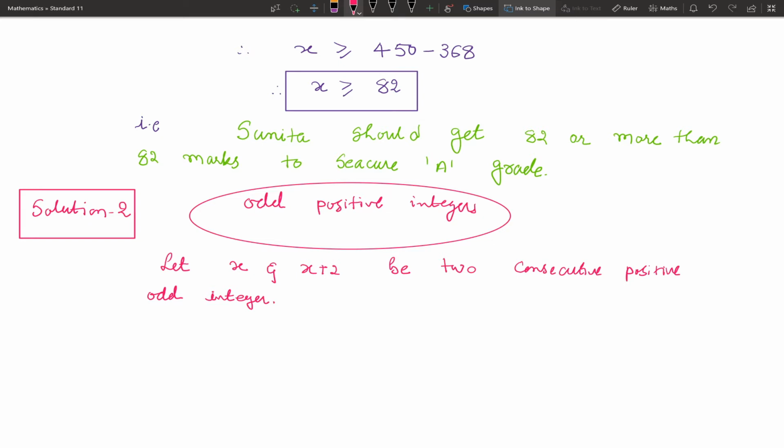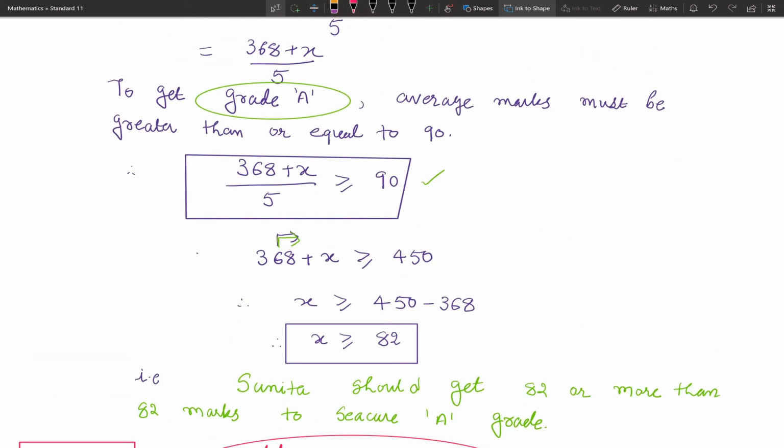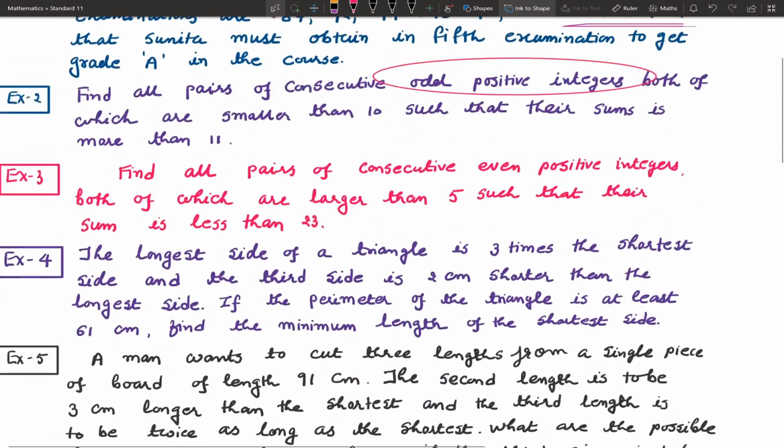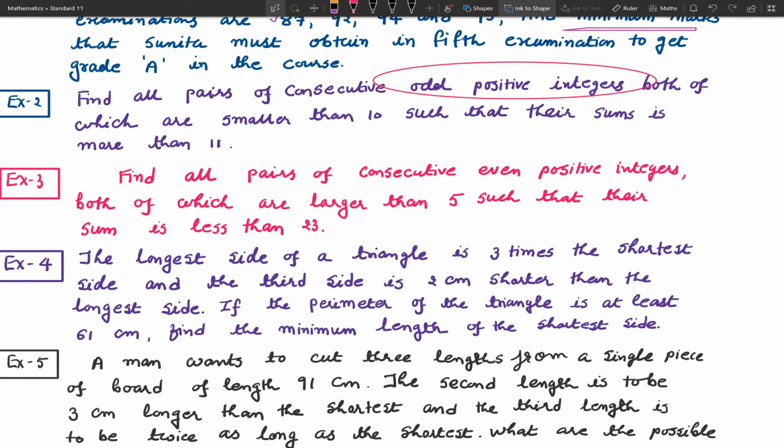Now we are given both are less than 10. We are given both are smaller than 10.